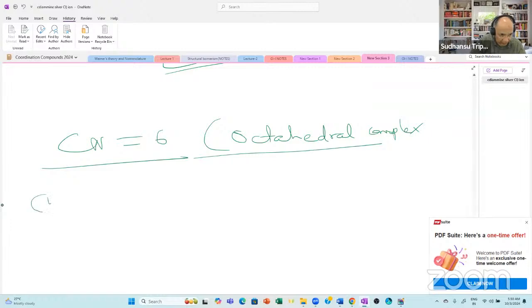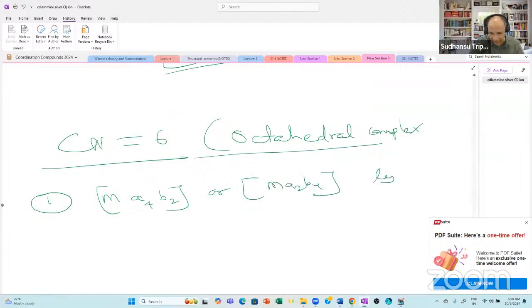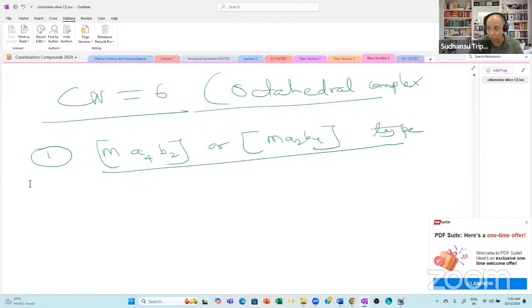Coming to coordination number 6, octahedral complex. Number 1, MA4B2, same as MA2B4. That means 4 are of one type and 2 are of another type, but monodentate. Small letters are used for monodentate ligands, right?